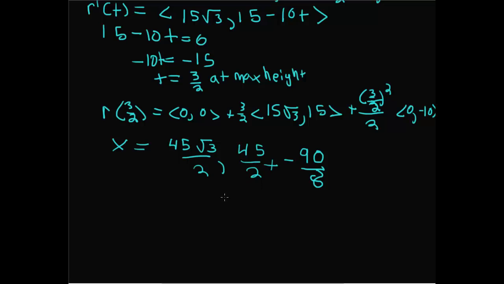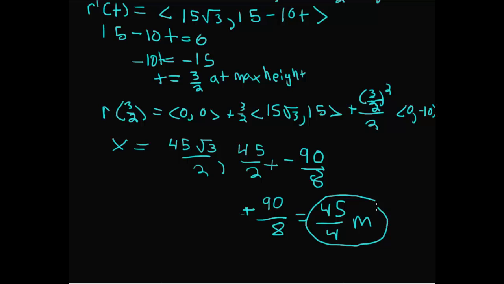We can simplify this further by timesing this by 4 to get the 8. Well, 45 times 4 is 180. 180 plus negative 90 simplifies further to 45/4. And that is the height, the maximum height.